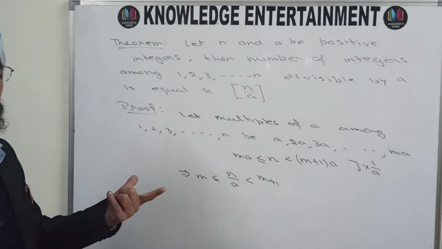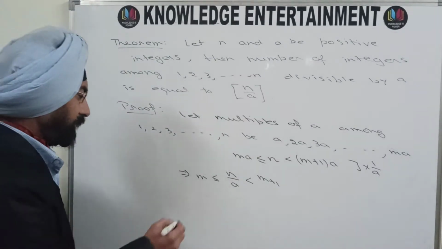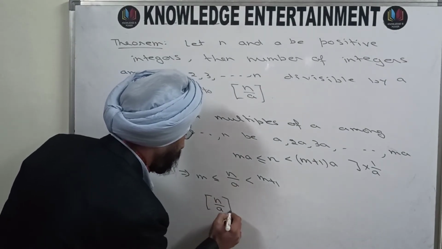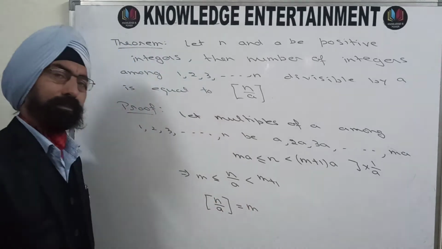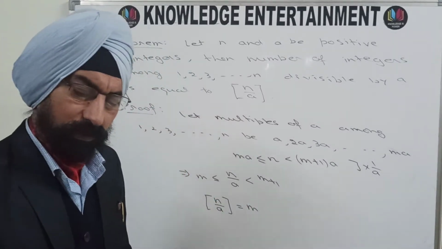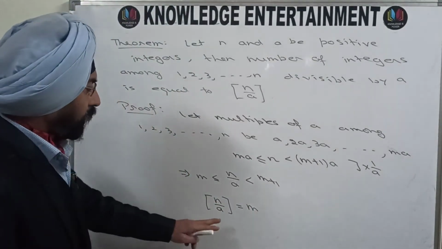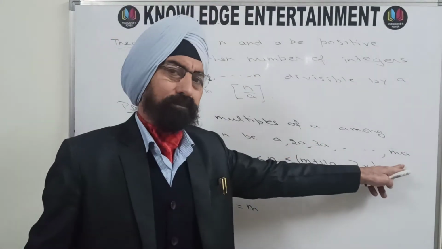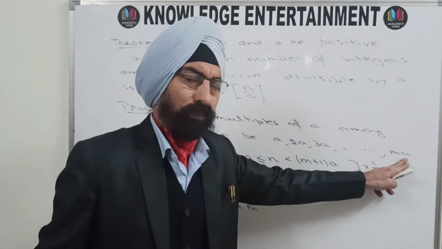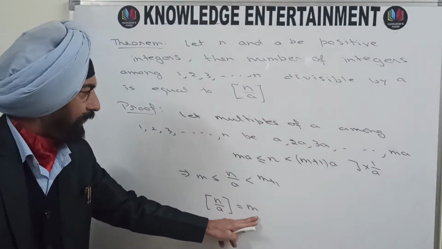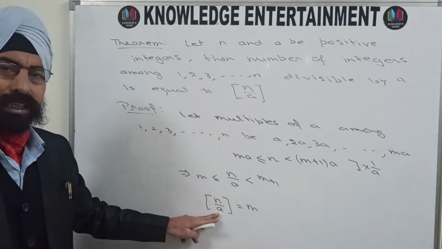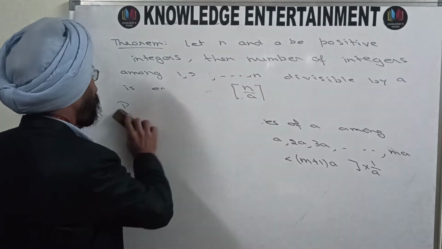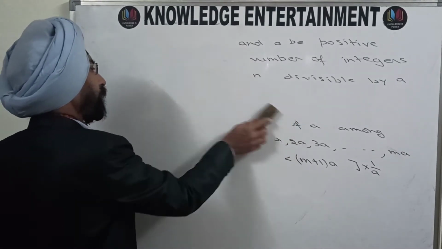And by the definition of greatest integer function, this n by a greatest integer is equal to m. So what is m? M is the number of multiples of a. So the number of multiples of a among these integers is equal to box n by a, and that is what we wanted to prove. So this is a very small theorem, very easy theorem, you can say.